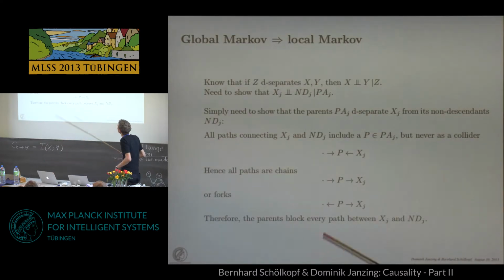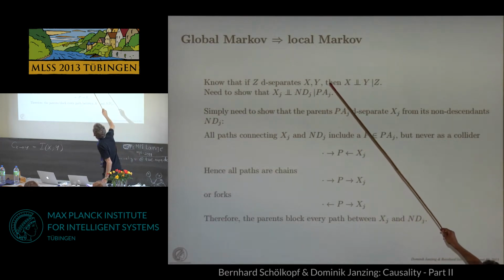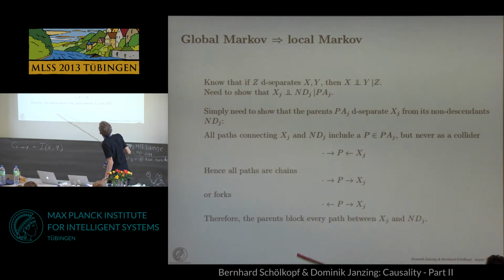Okay, global Markov condition implies local Markov condition is kind of trivial. So trivial in the sense that this is really the complete proof. Actually, global Markov condition says d-separation implies independence. So you just have to show that the variables we are talking about in the local Markov condition are d-separated.